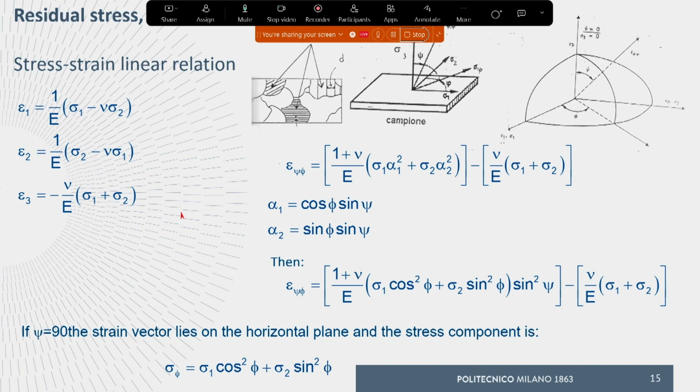So epsilon phi psi is equal to one plus nu, the corresponding coefficient, over E, the elastic modulus, that multiplies sin squared psi, minus the sum of the principal stresses that multiply the Poisson ratio and divide the elastic modulus.